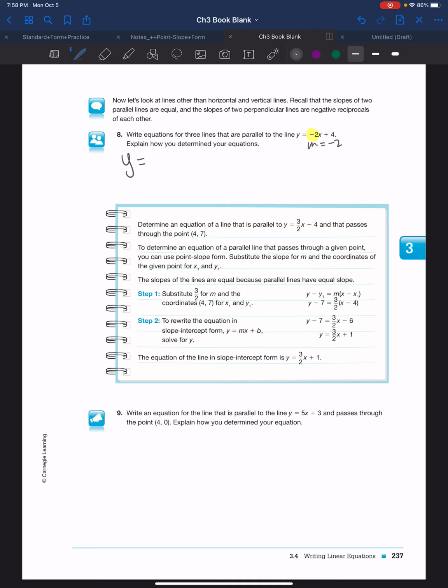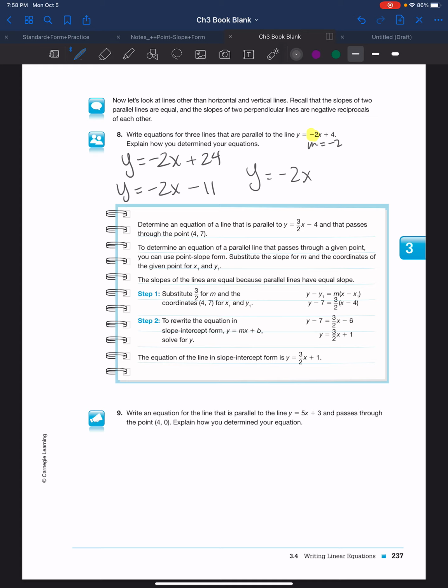So if I want to write 3 more parallel lines, I need to make sure they have a slope of negative 2. And then I'm just going to pick my favorite numbers to be the y-intercepts. It could really be anything. So here are just 3 more examples of parallel lines. I'm going to leave that one as just negative 2x, so it would have a y-intercept of 0.